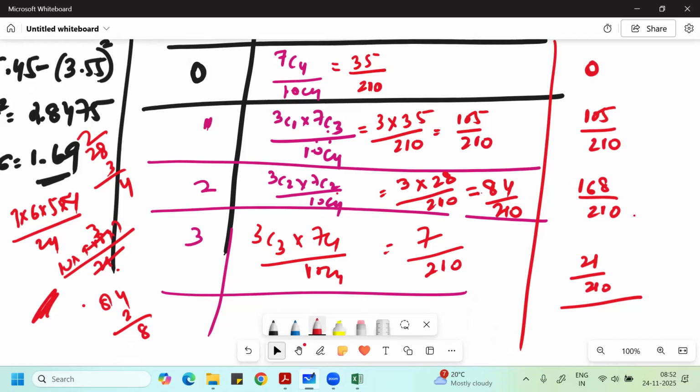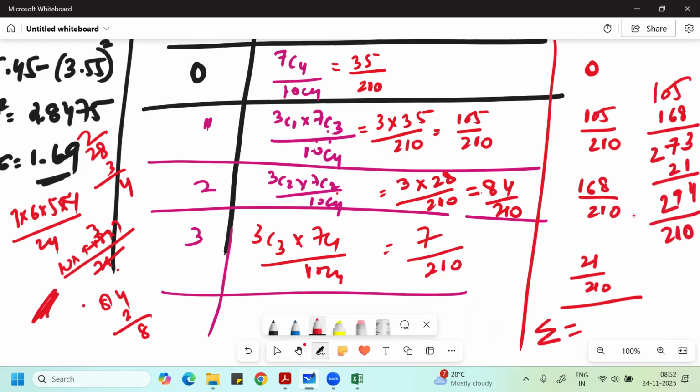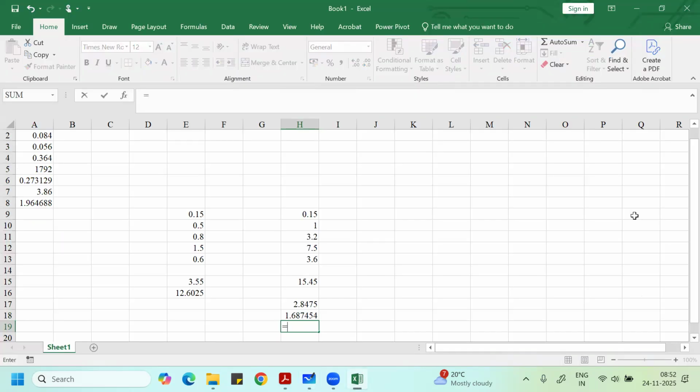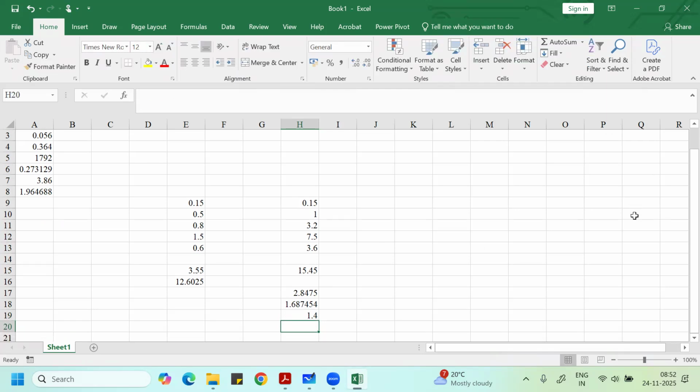For finding the expected number, do the sum of this: 105 plus 168 plus 21 gives 294 by 210. The denominator is 210 only. 294 by 210 gives 1.4.